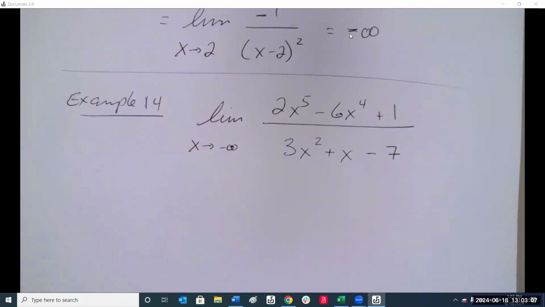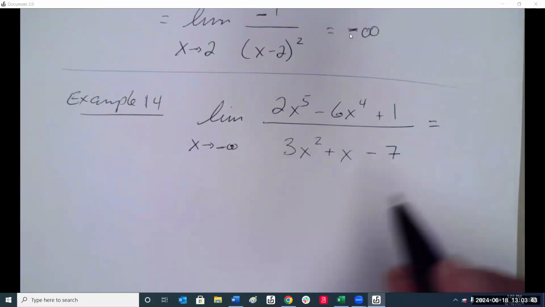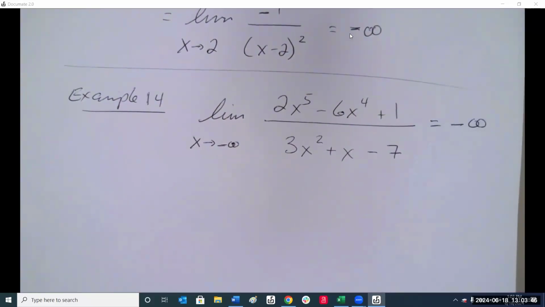With what we've talked about so far, you should be able to just look at it and tell me. Look at the leading terms. What about the degrees of the polynomials? That's 5, that's 2. If there's more on top, it goes to infinity. But since we're going to the negative side, it's negative infinity.